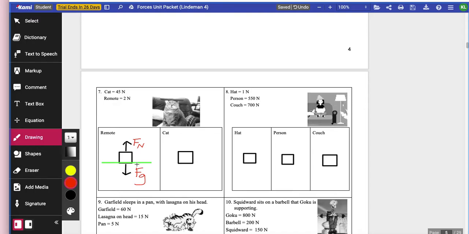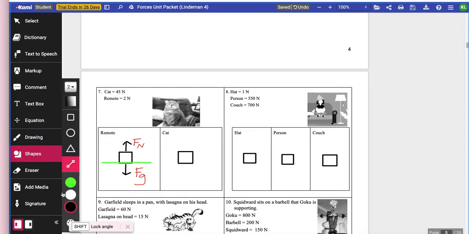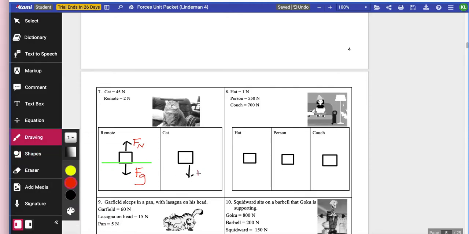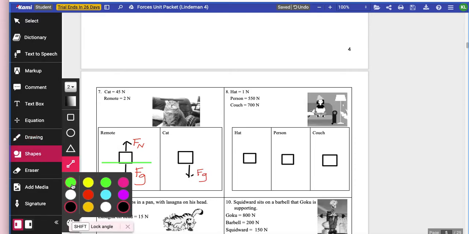For the next one, the cat. The cat is on planet Earth, so we're going to draw a gravity force for the cat. However, the cat also has the remote sitting on top of their head.